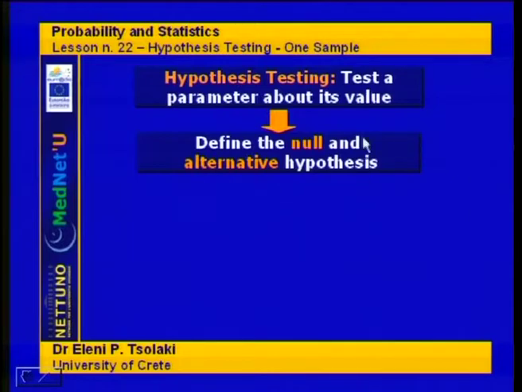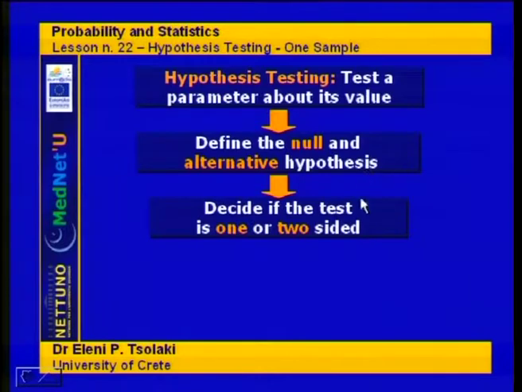In order to do hypothesis testing, we have to define the null and the alternative hypothesis. We are going to see later on exactly what the null and alternative hypotheses are. Then we have to decide if the test is one or two-sided. We are going to see this as well, what it means.